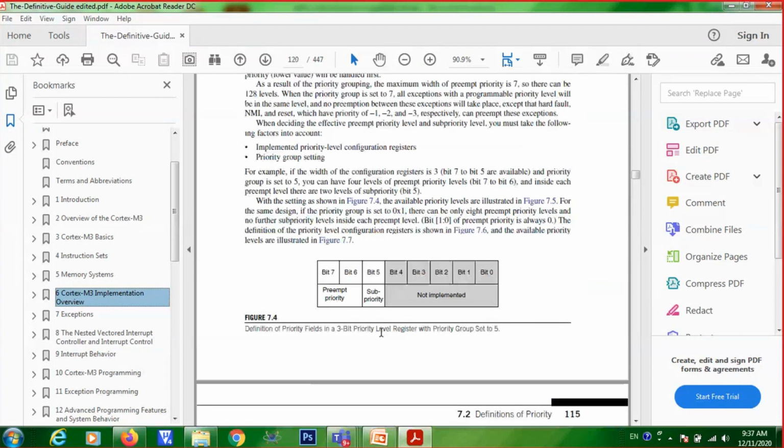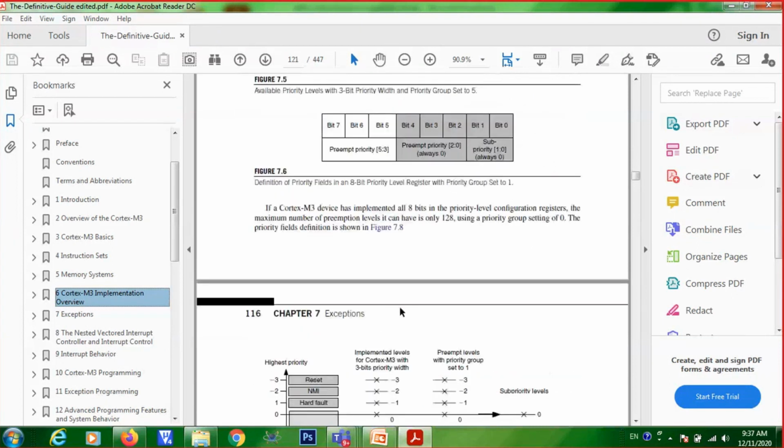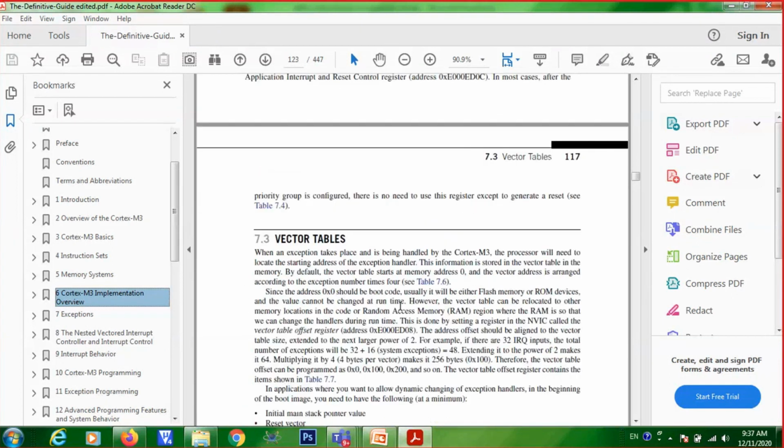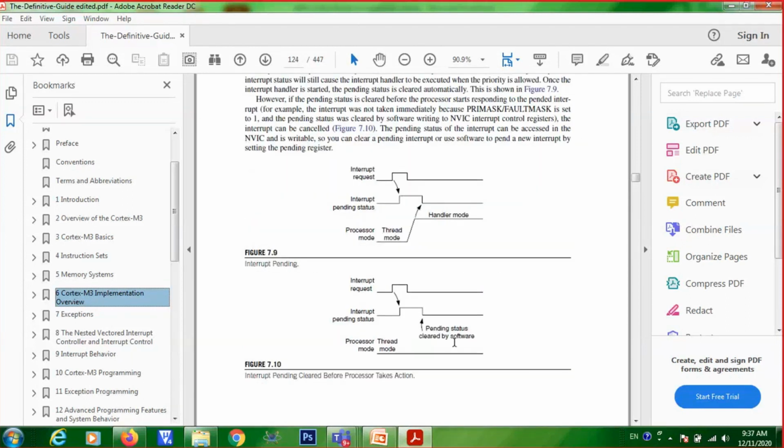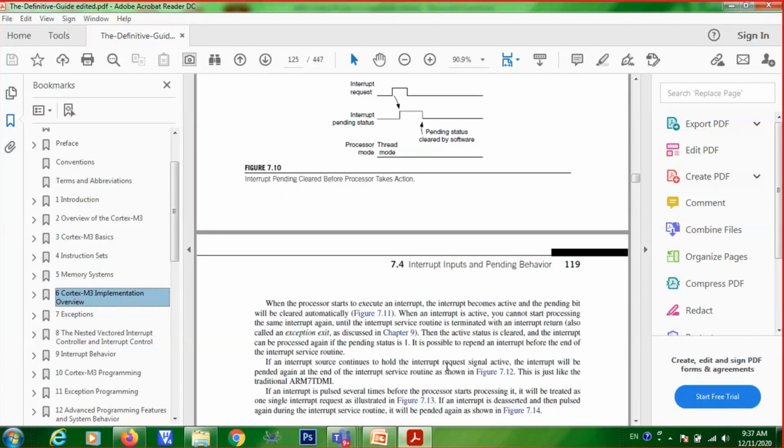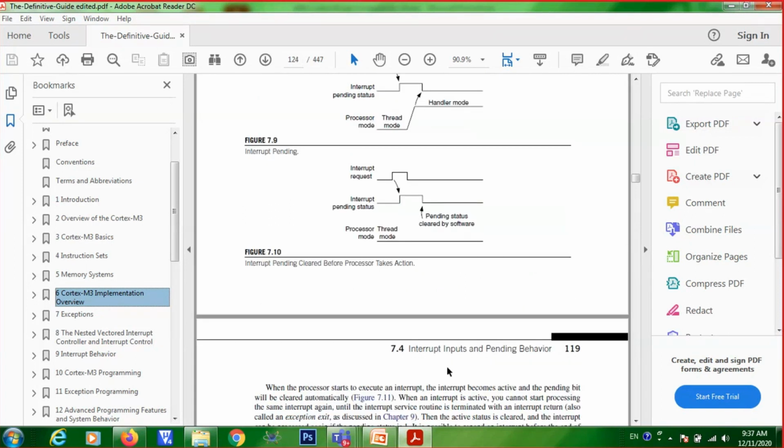It is an internal working, but when you are trying to understand this, you need to have some idea regarding these things. That is why it is taken. All the active status bit, pending status bit, all those things will be taken care of by the processor and the NVIC alone. Most of the things are taken care of by the NVIC.